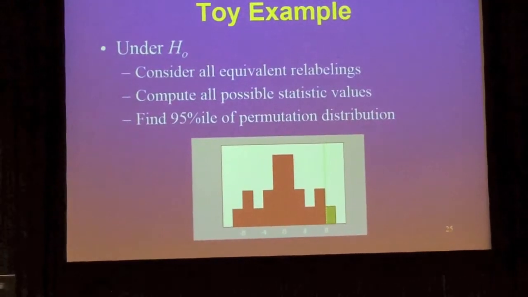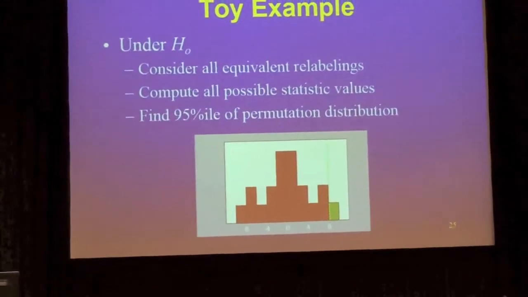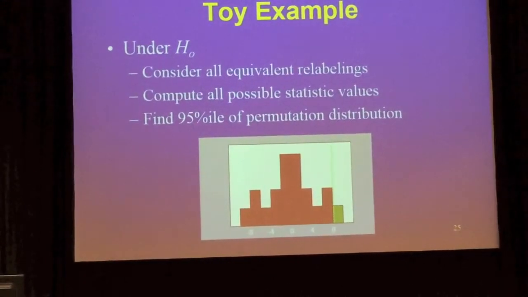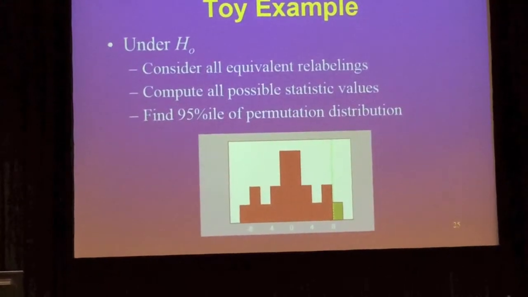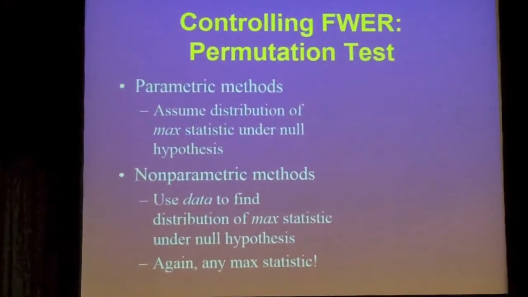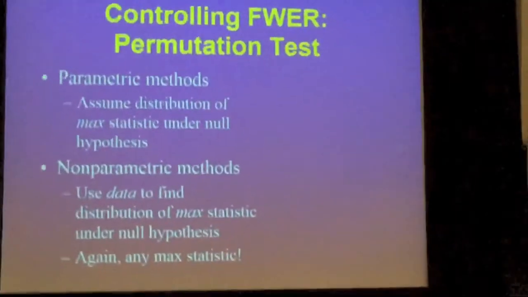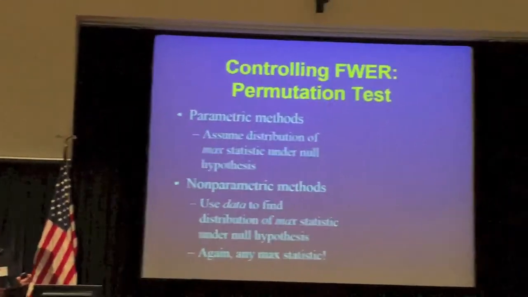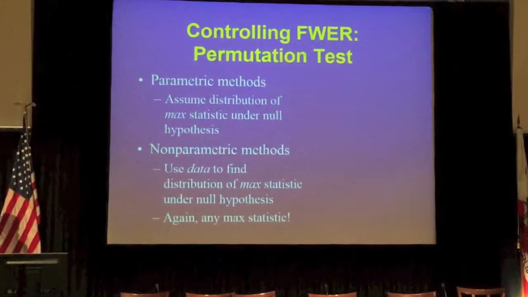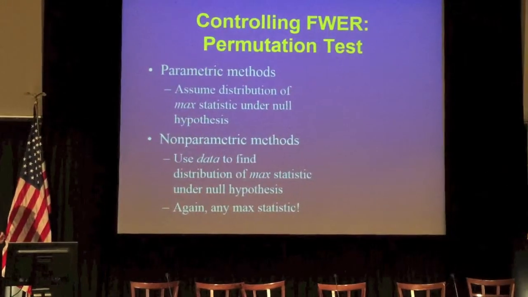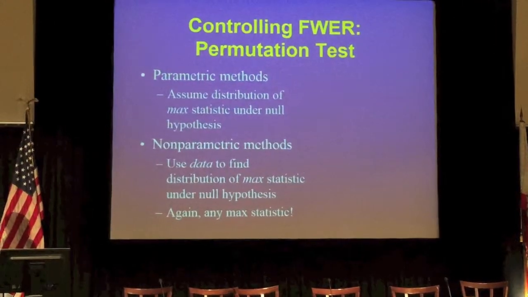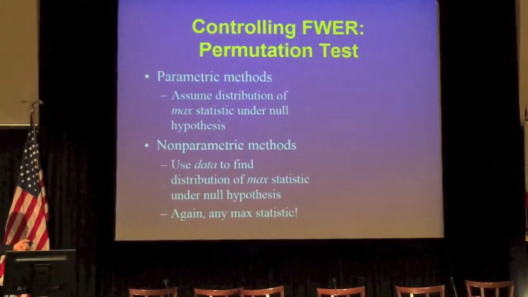We have 8 values at the 5 percentile, then some values that are not under that, and then the 95th percentile. It just so happens that those are the ones where A and B are not interchangeable. So we can control the family-wise error rate using permutation tests, with parametric methods that assume a distribution of the maximum statistic under the null hypothesis, and non-parametric methods that again use data-derived approaches.